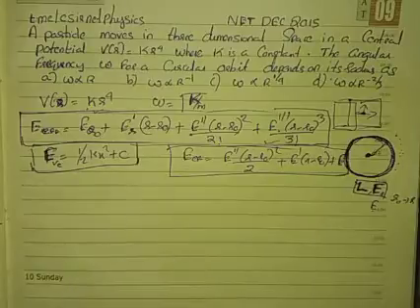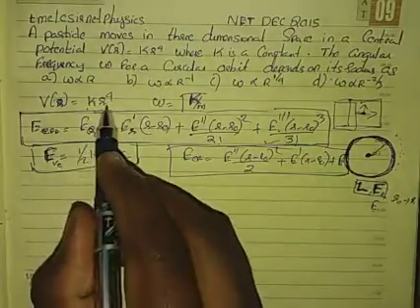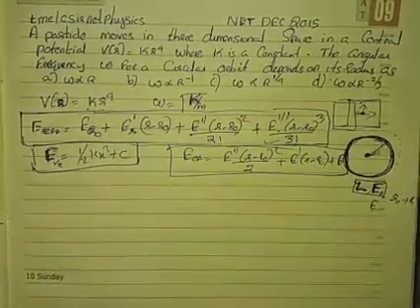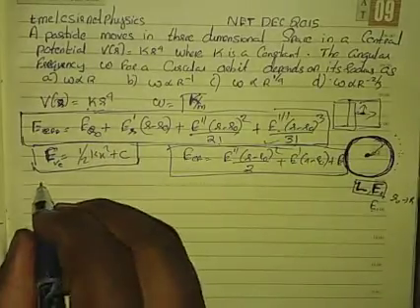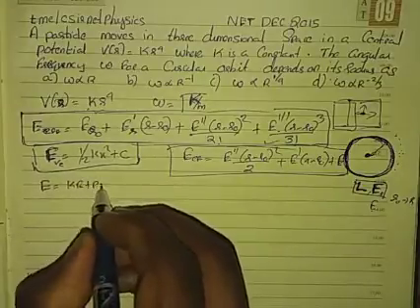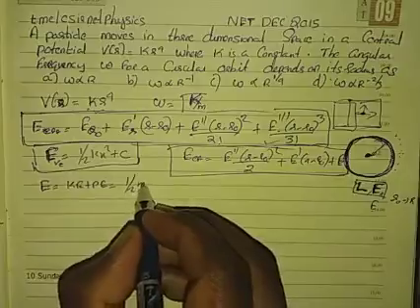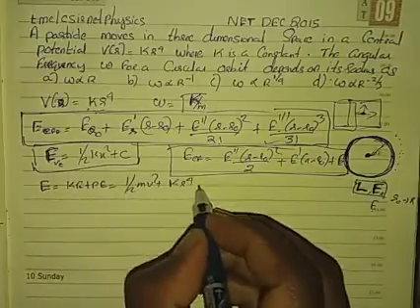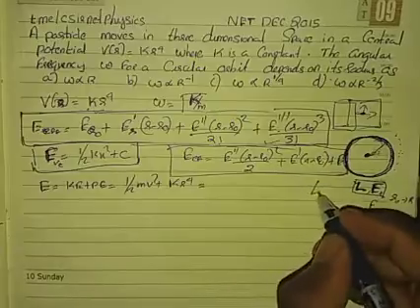Now let's solve it. Now the first case is V of r equal to k r raised to 4, which means that the total energy can be represented as kinetic energy plus potential energy, which is half mv square plus k r raised to 4. You can see L is equal to mvr.